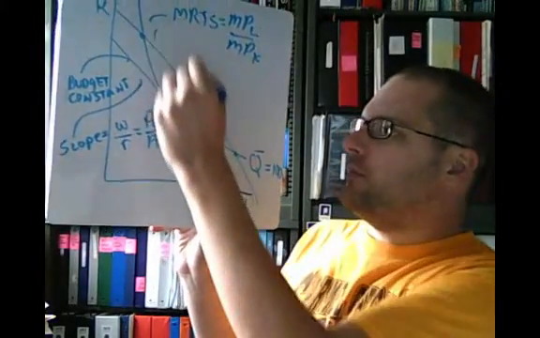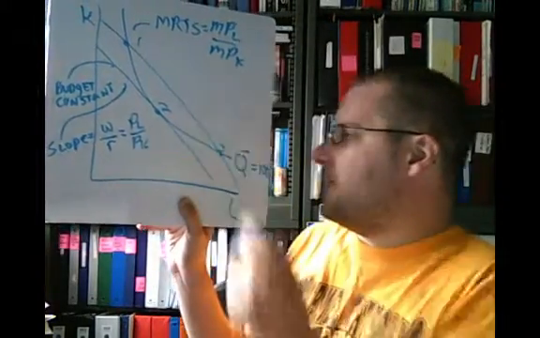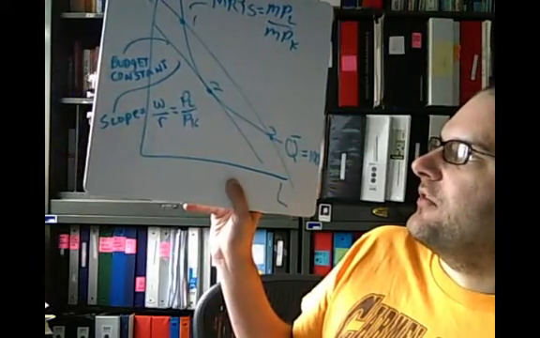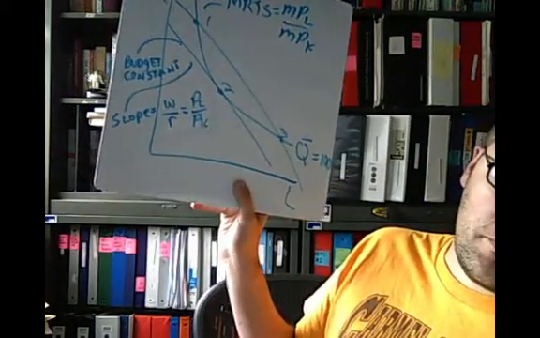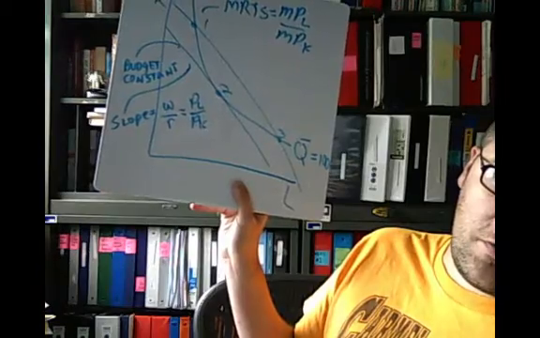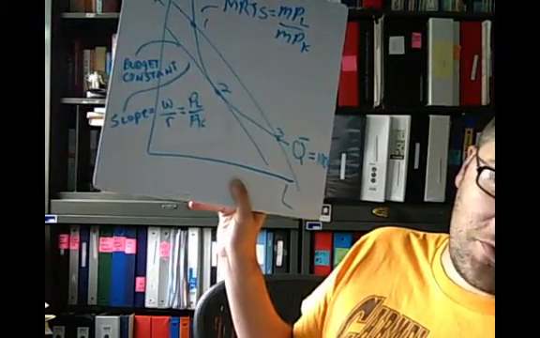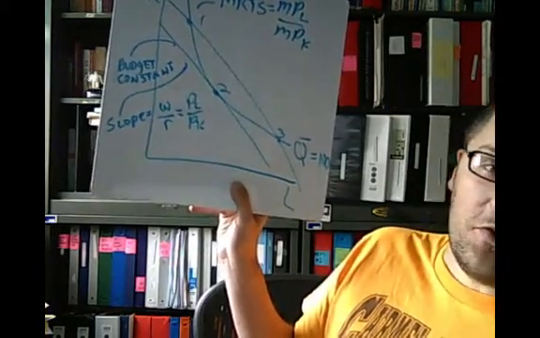And you can see that for points 1, 2, and 3, if I'm a firm and I need to produce 100 units of stuff, I would be best off at point 2, right? Because that would be a way that I could produce 100 units of output at the cheapest cost. You'll notice that at point 2, the price ratio is equal to the marginal rate of technical substitution.